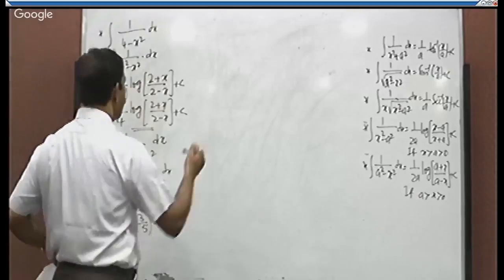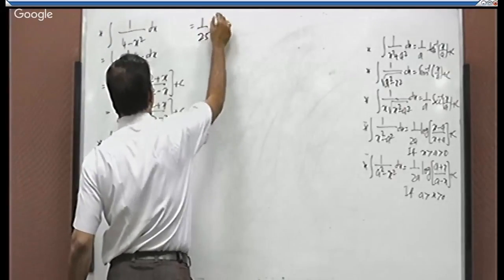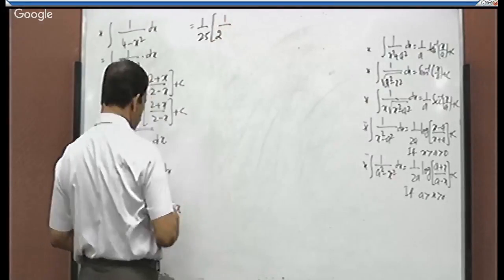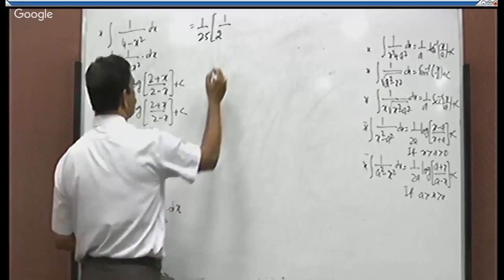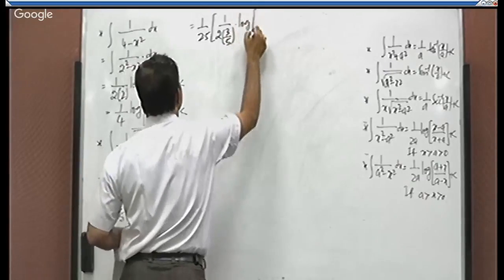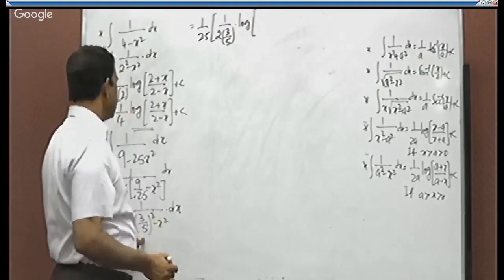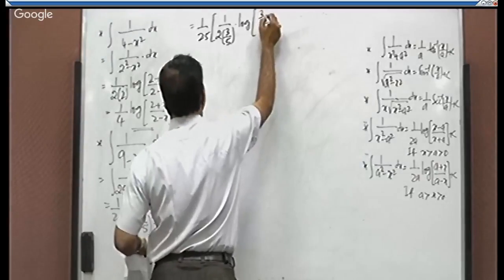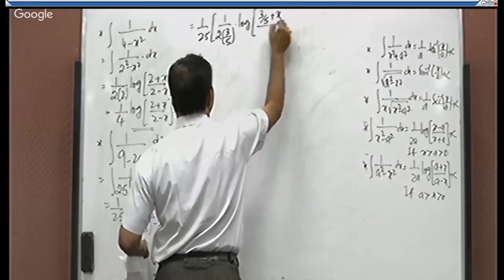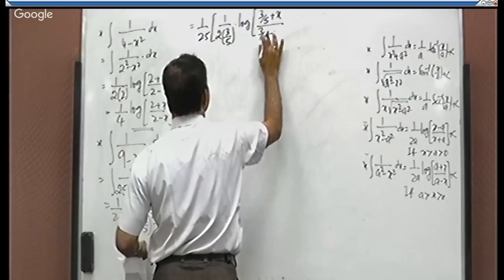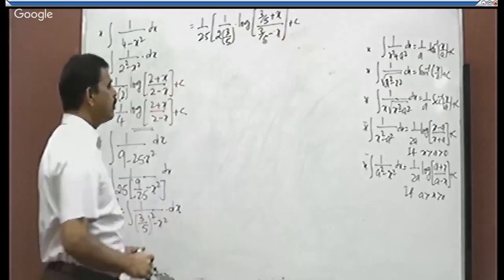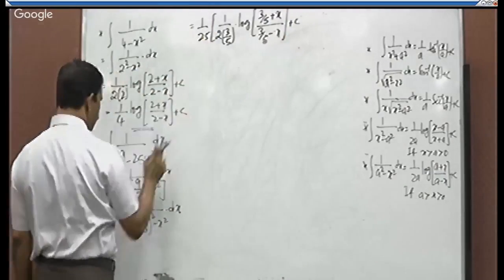Then what is the answer for that? The answer is 1 by 25 into 1 by 2a, where a is equal to 3 by 5, into log of a plus x divided by a minus x plus c. The 1 by 2a is constant, I have taken outside.